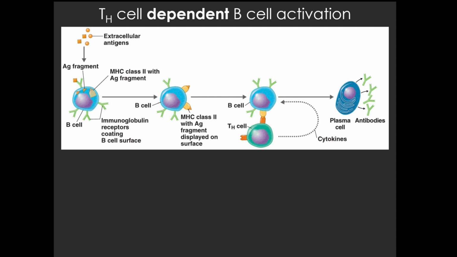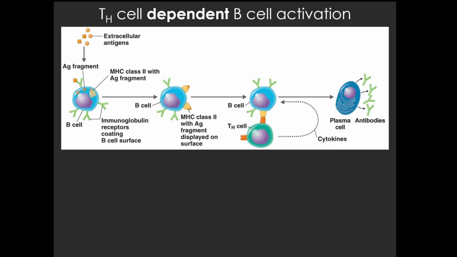But here we have T cell dependent activation, which, remember, if we're comparing the two, is stronger, faster, and better than T cell independent activation. Now, it doesn't mean that you can't survive without T cell dependent activation. It just means that you're going to do a lot better job if you've got T cell dependent B cell activation going on in addition to independent.